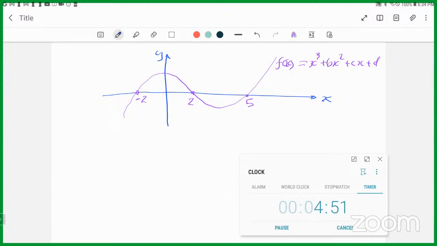Let's go over another short question. I'll give you 3 clear factors, 3 clear roots.